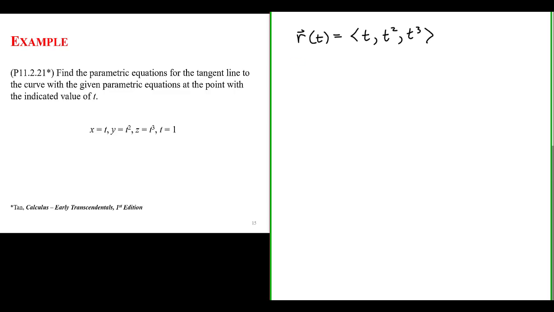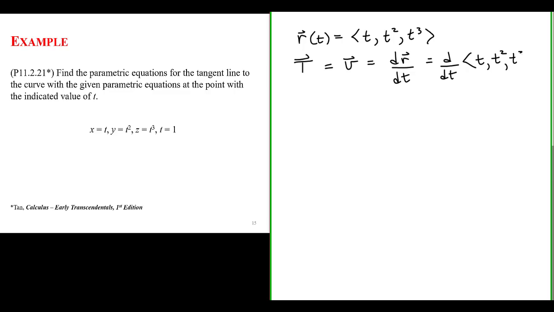So the tangent vector, which is also referred to as the velocity of our curve at a point, vector v, is equal to the derivative of our vector function with respect to the parameter t. This means that we just have to evaluate the derivative of our position vector with respect to t.